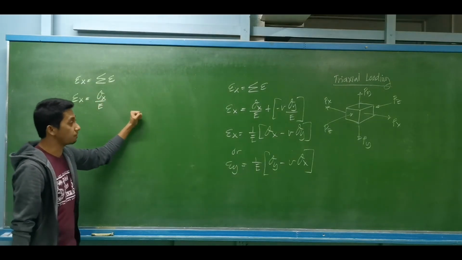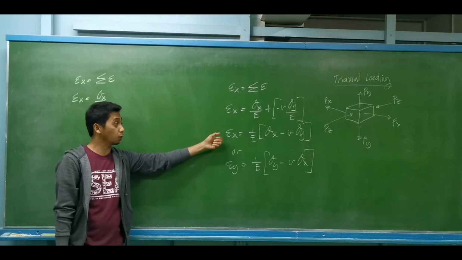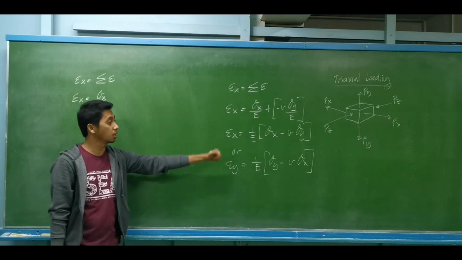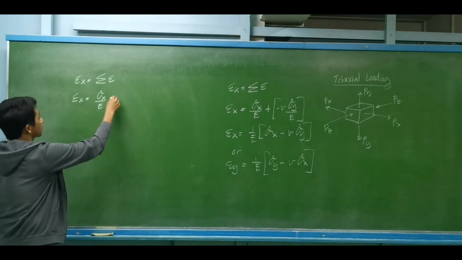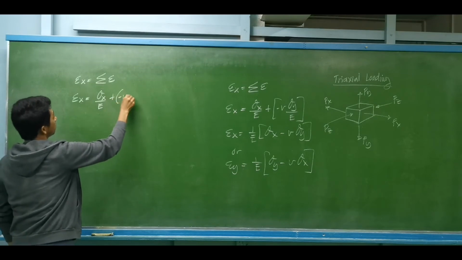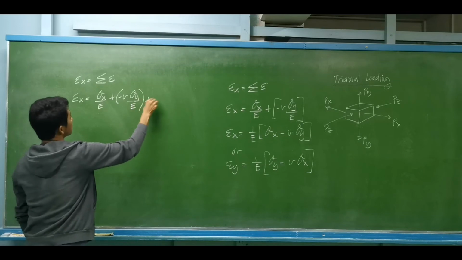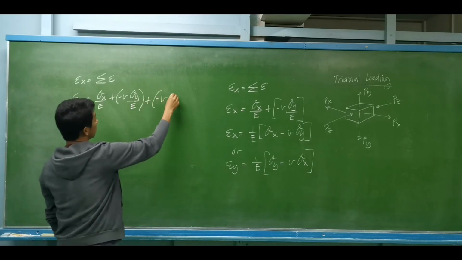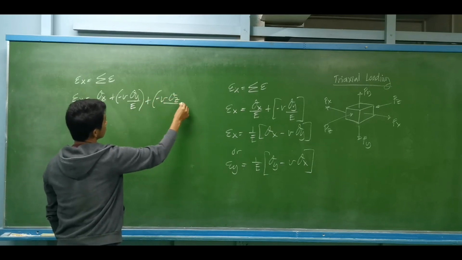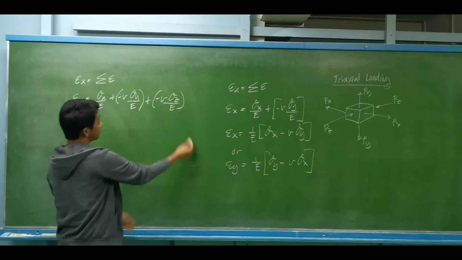We just consider the effect of the strain in the y direction and the z direction. So we have plus negative Poisson's ratio times the stress along y divided by E, plus negative Poisson's ratio times the stress along z, divided by the modulus of elasticity.